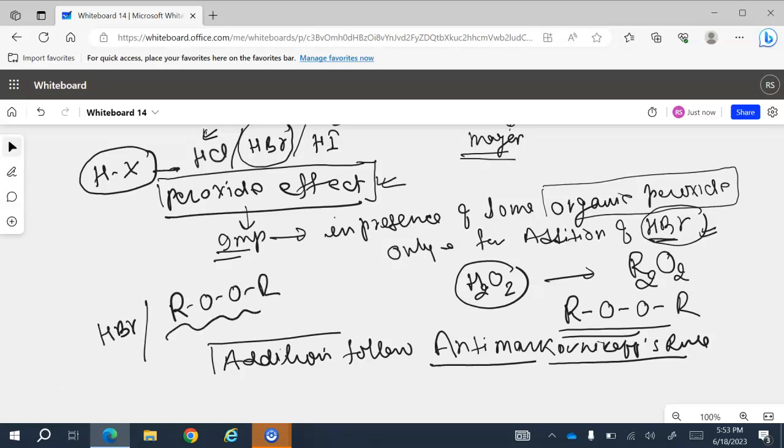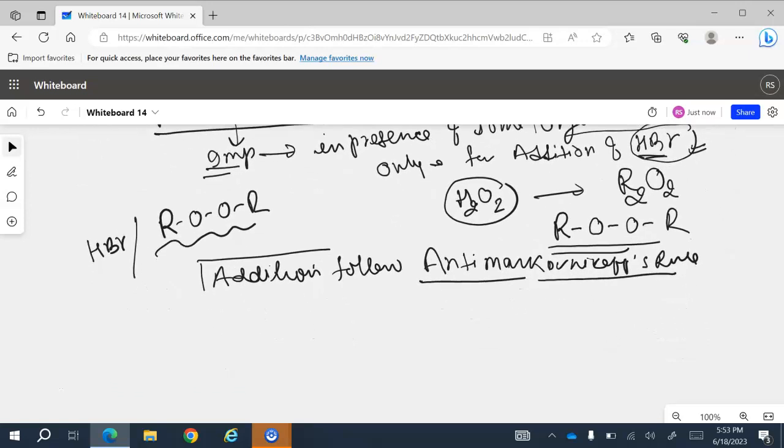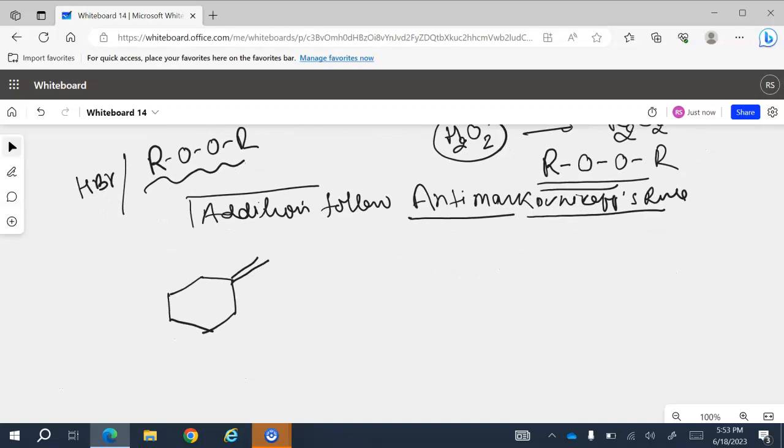If peroxide is not present, it will follow the Markovnikov rule, or it will not follow the anti-Markovnikov rule. Let us see one example. Suppose you have this asymmetric alkene, and we are adding HBr. If we do not have peroxide, in the ordinary case, it will follow the Markovnikov rule. You only need to look at the carbon-carbon double bond.